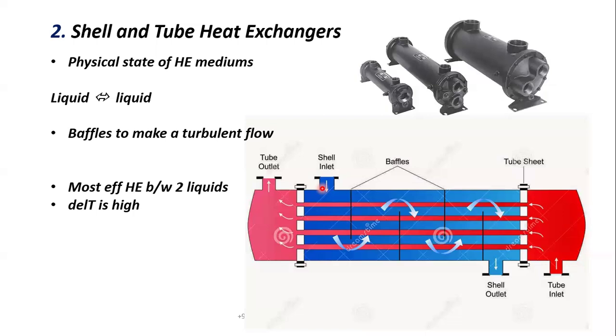At the same time, you can see some kind of arrangement termed baffles. The purpose of baffles is to create a turbulent flow across the shell structure itself. That means, if you don't install these baffles, what will happen? From the shell inlet, the fluid would go directly out to the shell outlet itself.